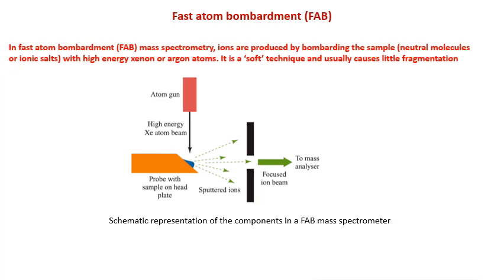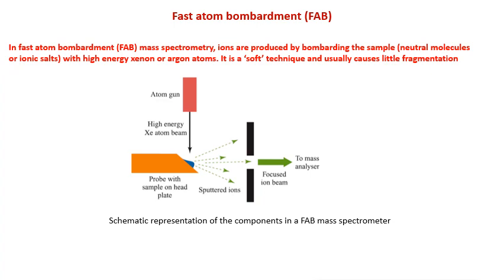The instrument can be run in both positive mode and negative mode, so you can get both positive ion and negative ion mass values. Again, you can take an ionic salt or a neutral compound as your analyte and investigate their mass pattern. Unlike EI, FAB is a soft technique because the fragmentation of the parent molecule is usually minimal.